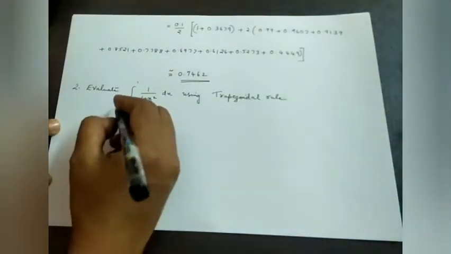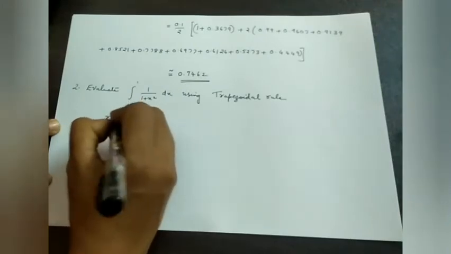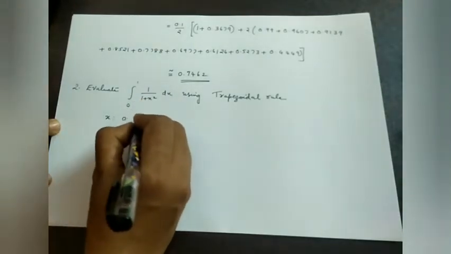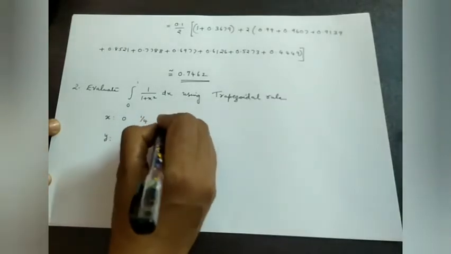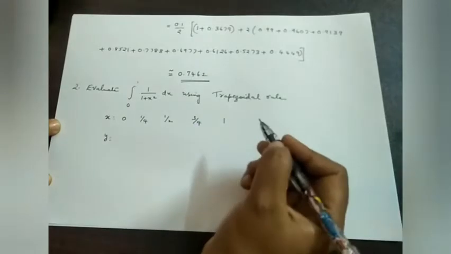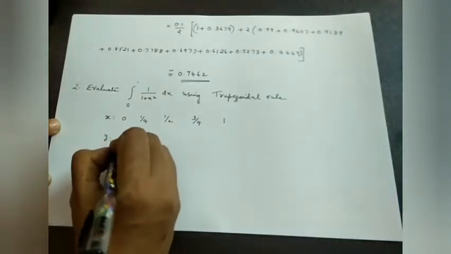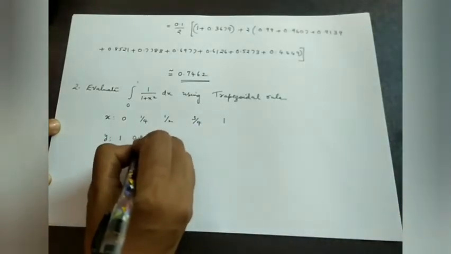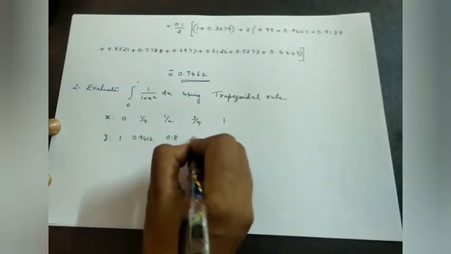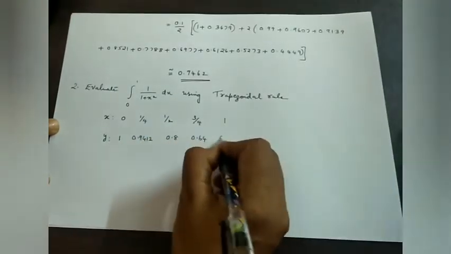Here the values of x are given and the corresponding values of y are also given. The values of x are 0, 1 by 4, 1 by 2, 3 by 4, 1. Corresponding values of y are 1, 0.9412, 0.8, 0.64 and 0.5.